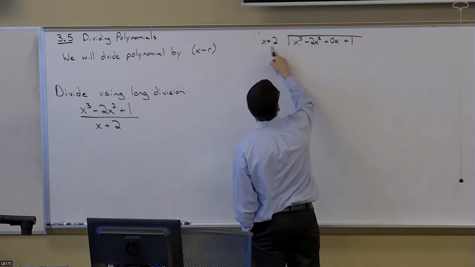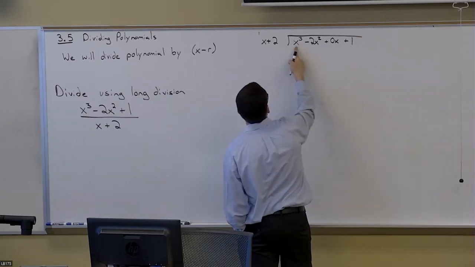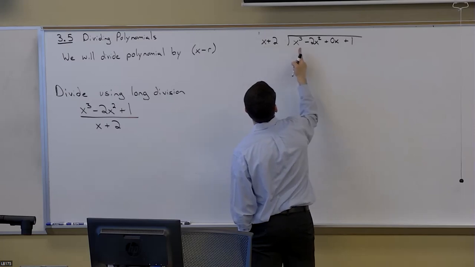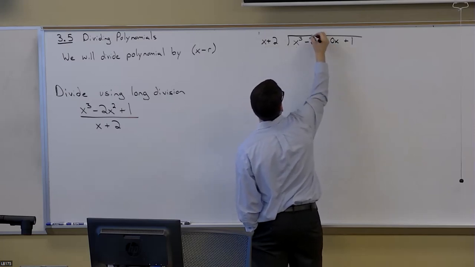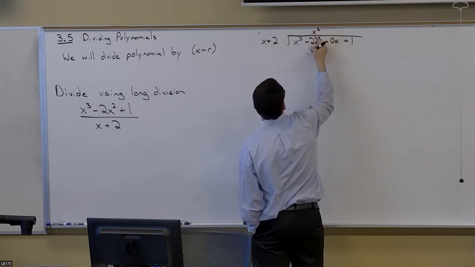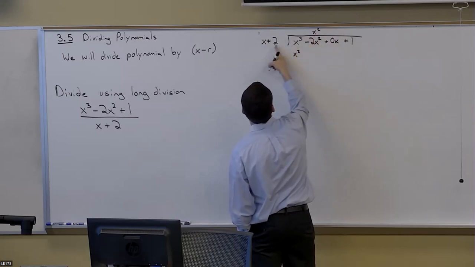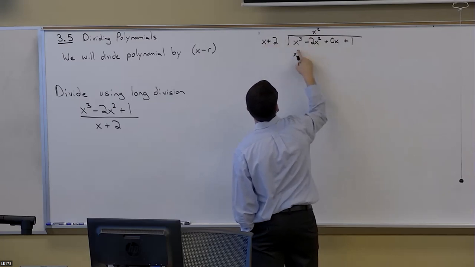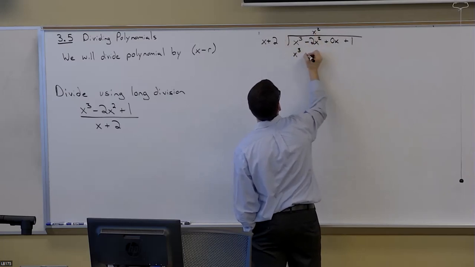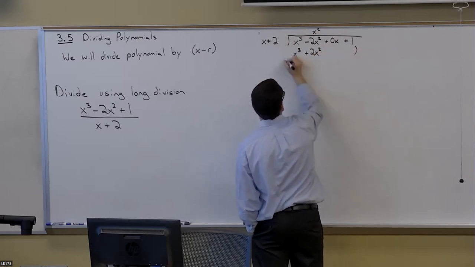So then I say, I need an x to the third term, and I have an x. What do I multiply x by to get x to the third? X squared. So I multiply x squared by both pieces, x times x squared becomes x to the third. X squared times 2 becomes 2x squared. Now be careful about this.